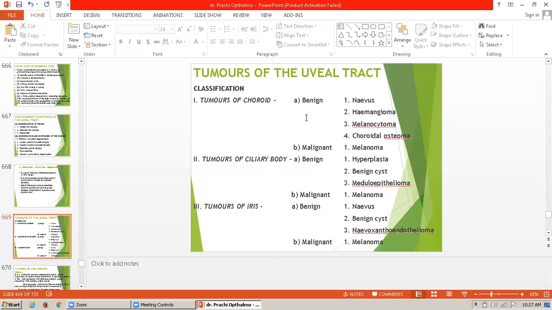The tumors of the choroid show benign ones, that is first one is a nevus, second is hemangioma, third one is a melanocytoma, and fourth is a choroidal osteoma.